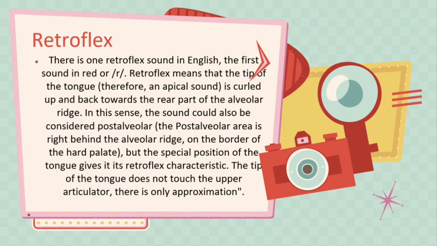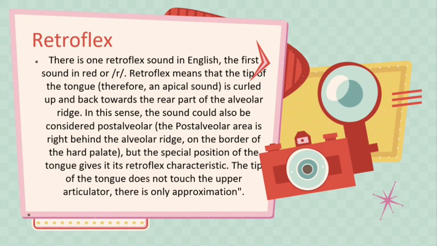Retroflex. There is one retroflex sound in English, the first sound in red, or r. Retroflex means that the tip of the tongue, therefore an apical sound, is curled up and back towards the rear part of the alveolar ridge.